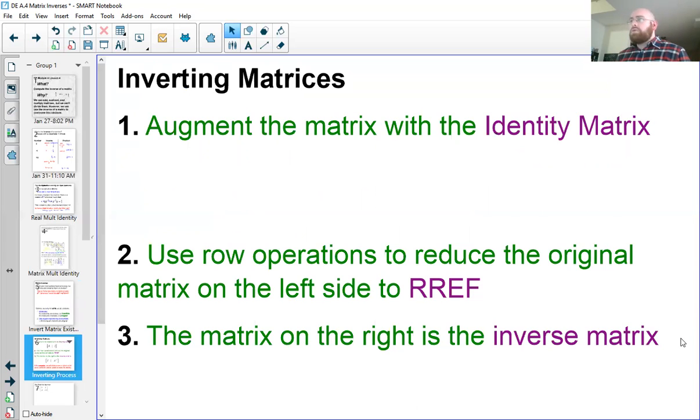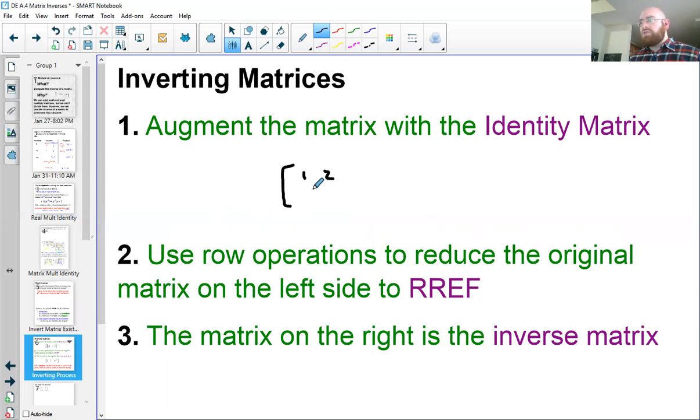So when we are inverting a matrix, we follow a few key steps. First, we augment the matrix with the identity matrix. So let's say we have the matrix 1, 2, 3, 4, really straightforward. We're going to augment that with 1, 0, 0, 1.